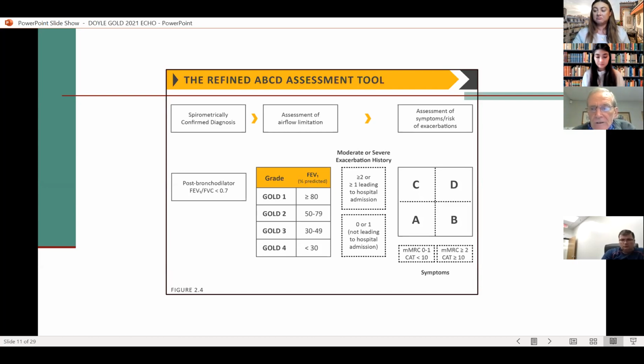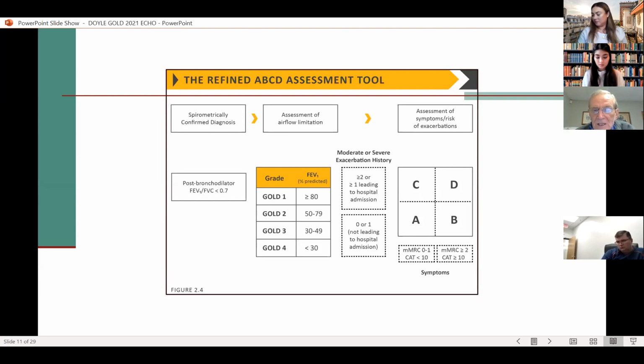In articles and presentations, you'll frequently see people talking about the GOLD stage of a patient. Well, they're talking about that ABCD table there. The official orthodox way to do this, using this figure, is to assign the person a grade.